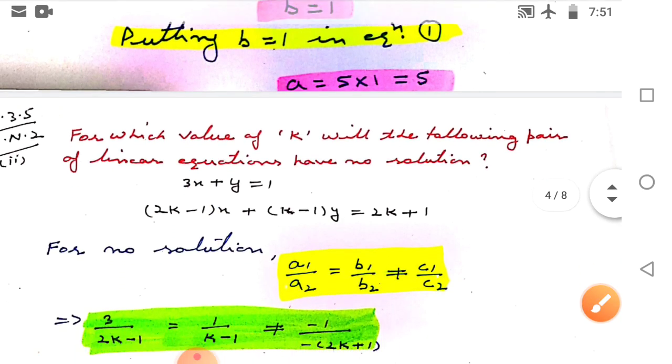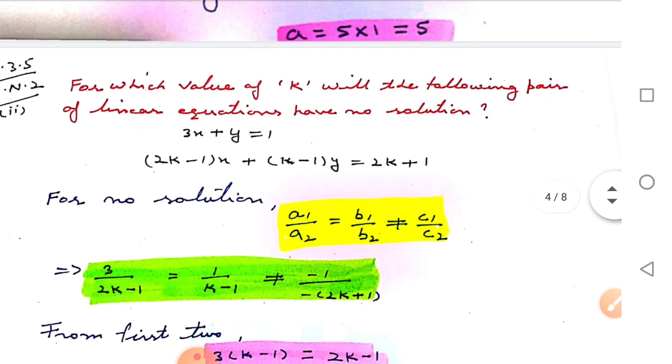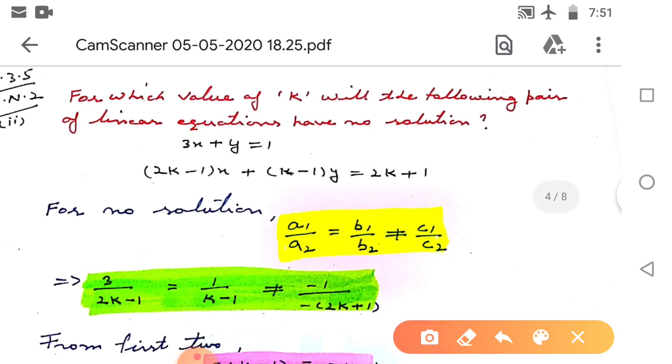Okay, come to question number 2, part 2. The question is, for which value of k will the following pair of linear equations have no solution? Equations 3x plus y is equal to 1, and (2k minus 1) into x plus (k minus 1) into y is equal to 2k plus 1.